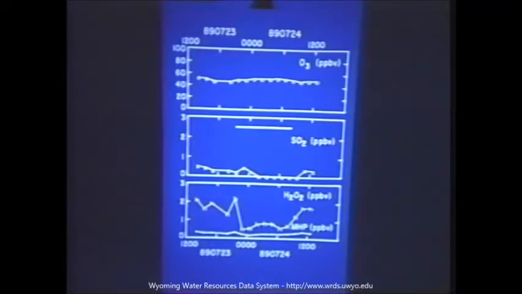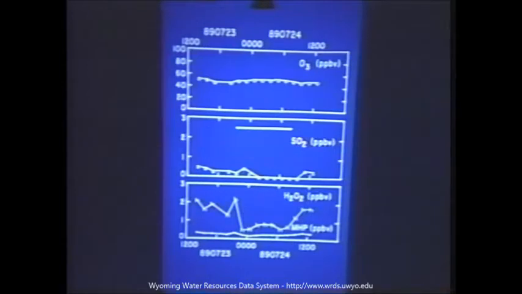So we've got a hydrogen peroxide to SO2 ratio of about 10 or something like that. Now, hydrogen peroxide is produced photochemically, and those reactions are thought to be enhanced during the summertime when the sun shines for a longer duration, and also the zenith angle of the sun is greater at any given time during the day.